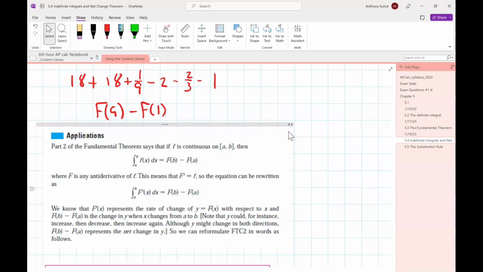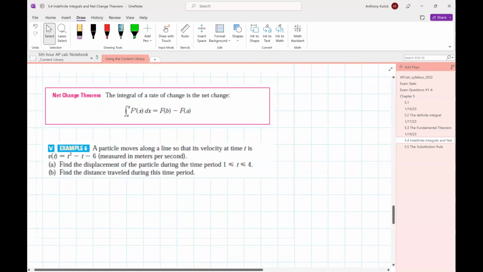So we have to be very careful that integration is not necessarily going to give you accumulation if the function can become negative and positive, right? If the function can become negative, then it's going to give you a displacement rather than an accumulation. Is that okay? All right.